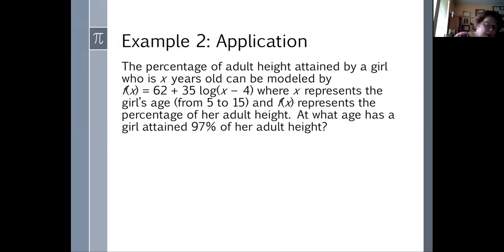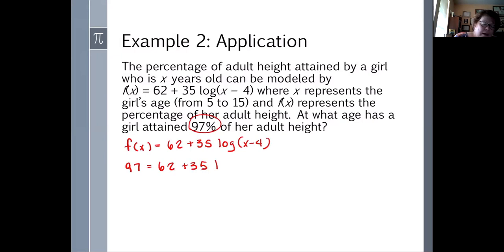So we're going to set our equation up. They give me 97. That's f of x. And we're going to solve for x. To solve a logarithmic equation, I want to isolate the logarithm and then write it as an exponential.